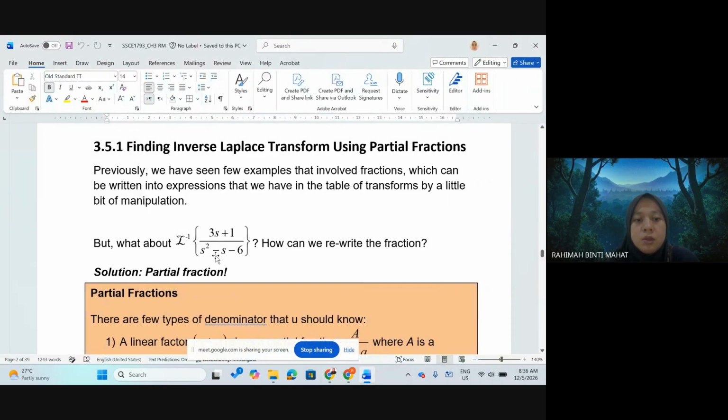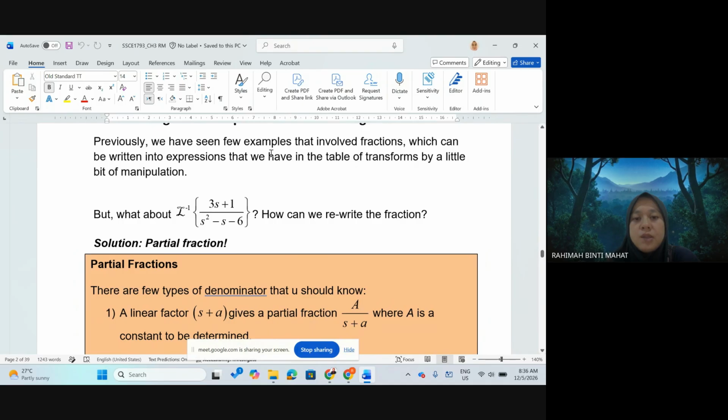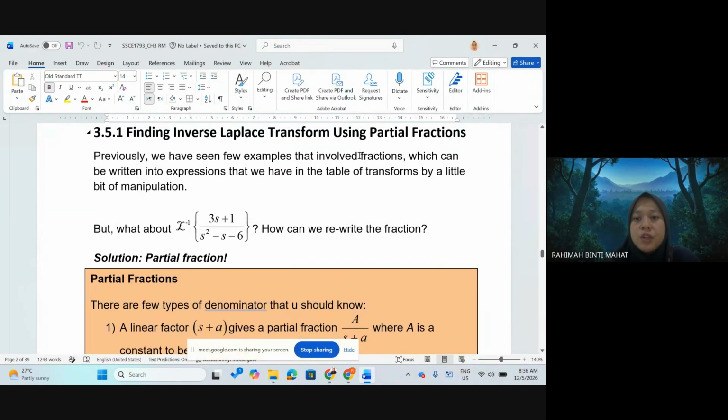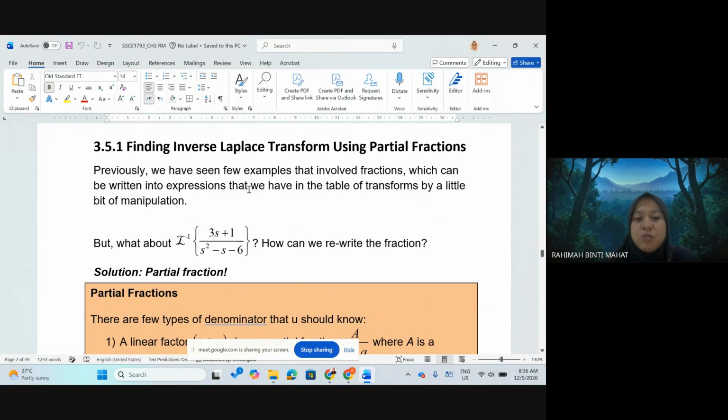Okay, so previously we have seen a few examples that involve fractions which can be written into expressions that we have in the table. This is what I mentioned, that we just use the table and a little bit of manipulation or adjustment, or you need to modify how you write the equation, so you can just use the transform from the table.